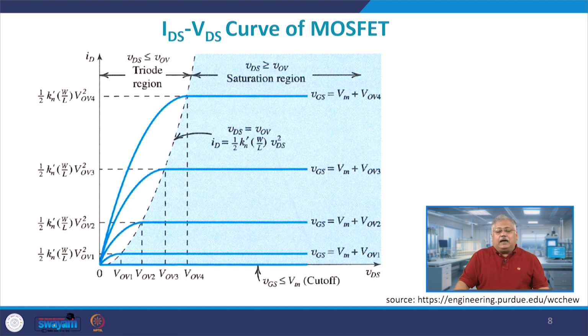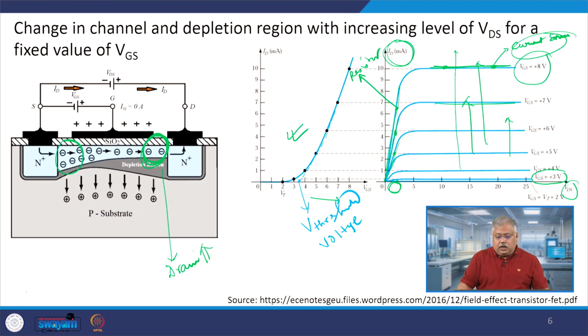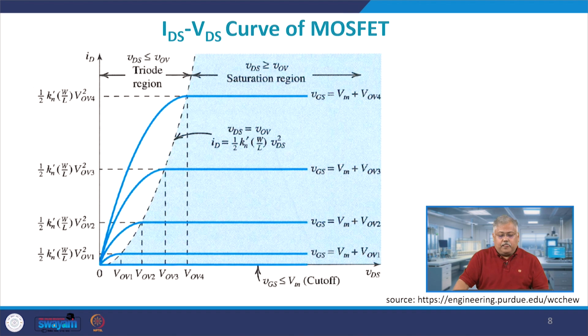Now let's look at the ID versus VDS curve of the MOSFET, the same curve which I showed you here, in a much more detailed manner, so that you appreciate the point. If you plot ID versus VDS here for various values of VGS, then if you look very carefully, when VGS is just below VTN, the threshold voltage of the device, you don't have a large number of carriers to form the channel, and therefore the device is cut off.